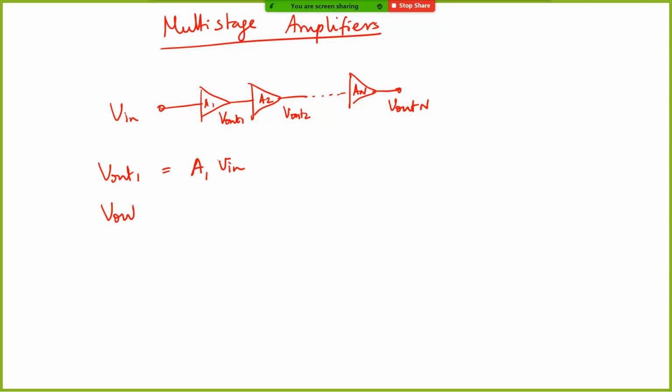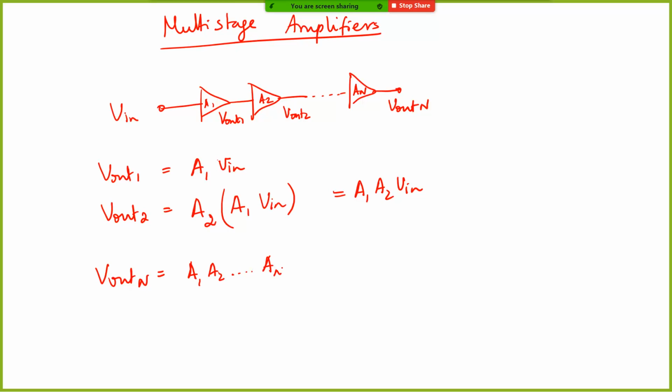And what is Vout2? The input of amplifier 2 is A1 times Vin, so it becomes A2 times A1 times Vin. And therefore, Vout N by extension can be written as A1, A2, all the way down to AN times Vin.